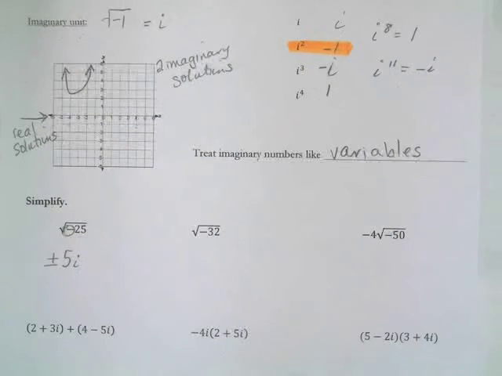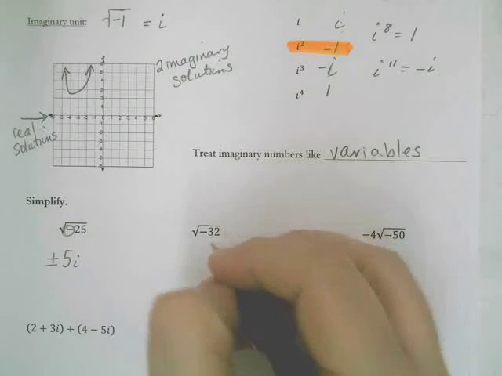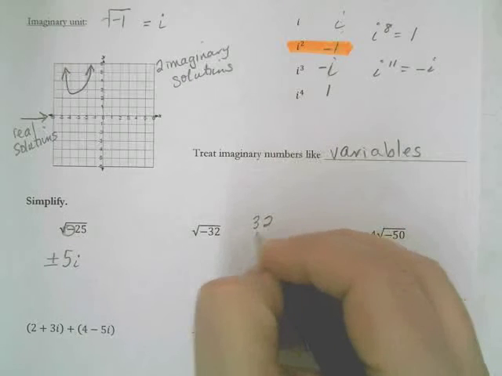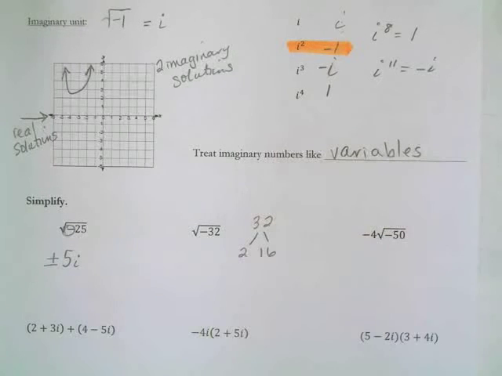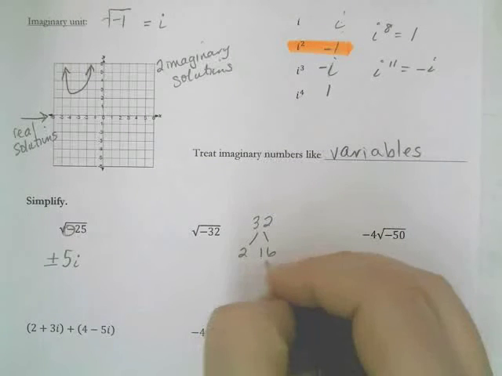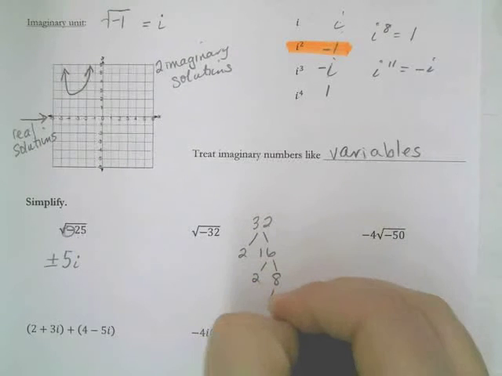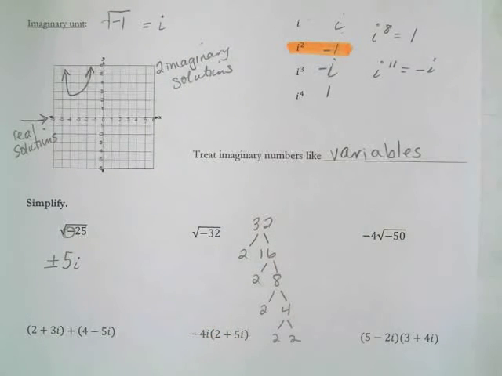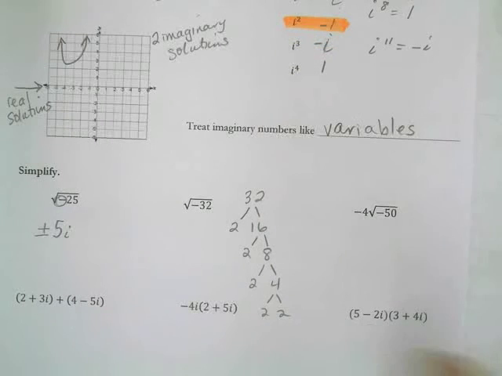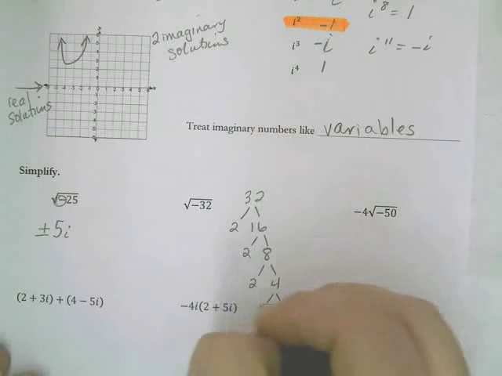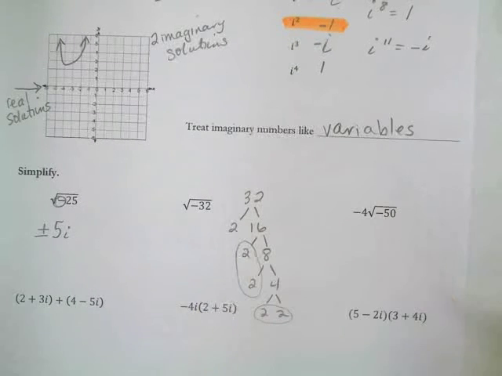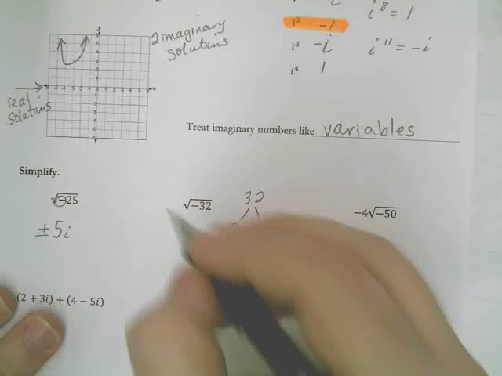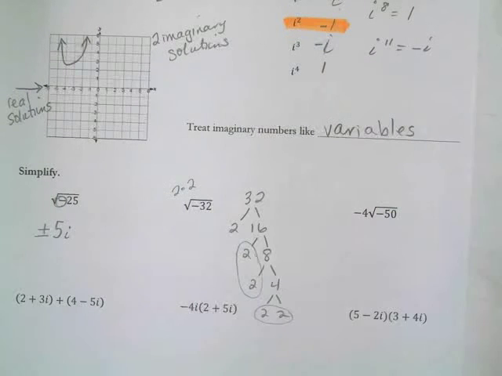For the square root of -32, the first thing you have to do is break down 32 so you know what it is. 32 is 2 and 16, which is 2 and 8, which is 2 and 4, which is 2 and 2. So I broke it down, and now I need to take out my pairs. I have two pairs of 2's, so two 2's can go out front.